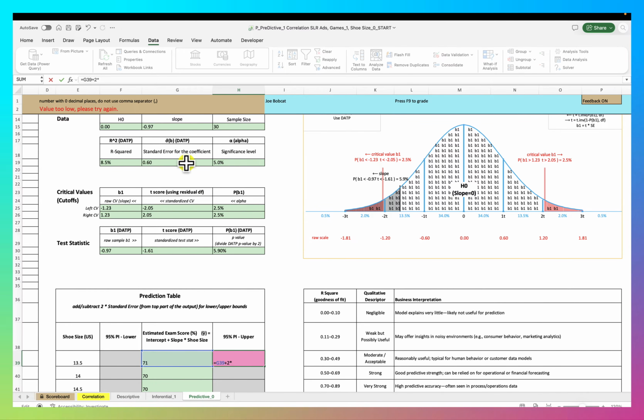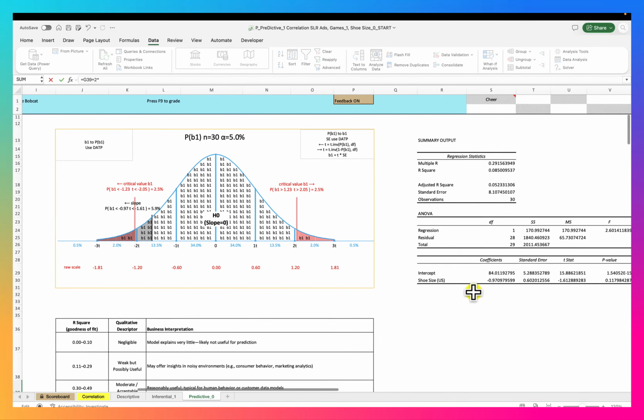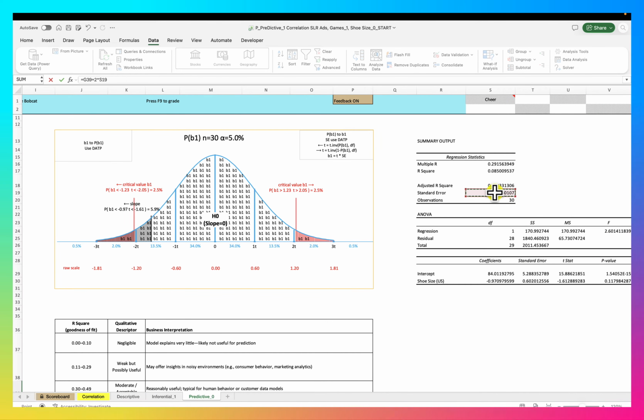So this standard error applied to the coefficient, the shoe size, but this is predicting for the whole model, so we actually have to use the other standard error, which is this one here for the whole model. And that actually does have a different value than the standard error for the coefficient.